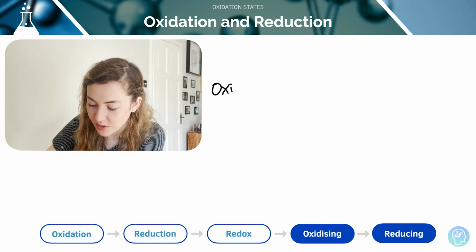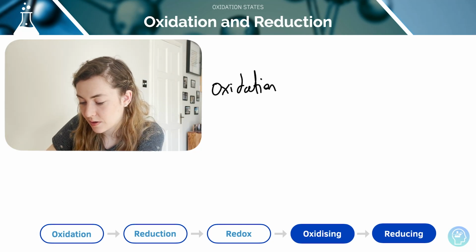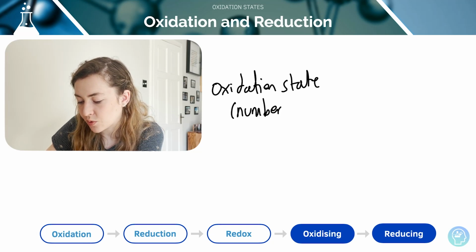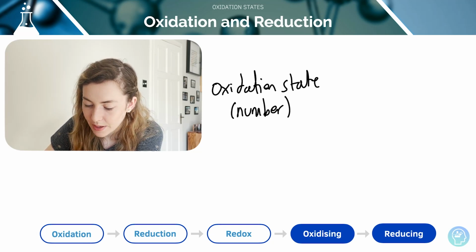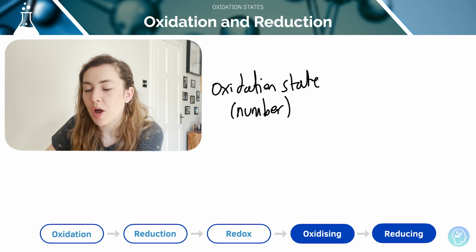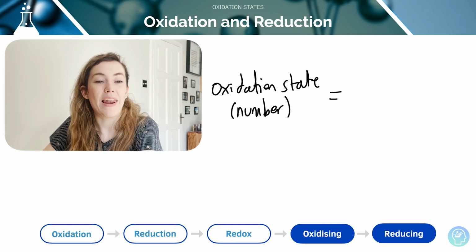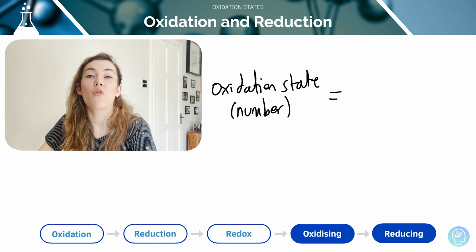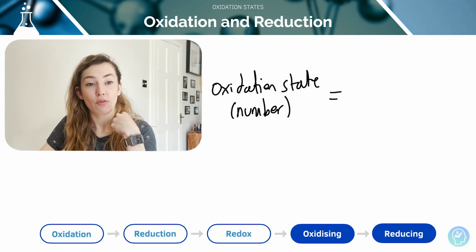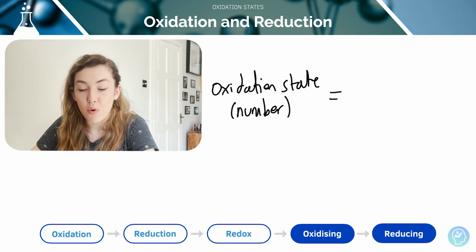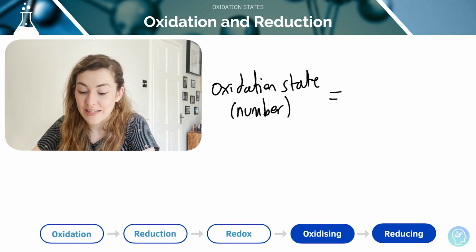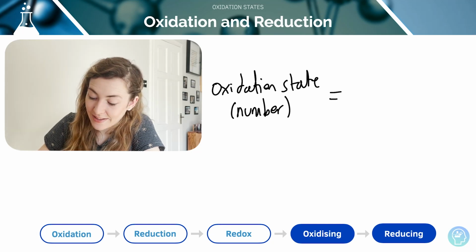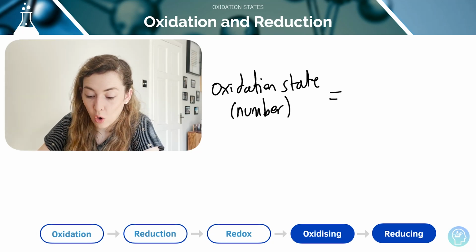And if we're working out the oxidation state, or number, that's what we mean, oxidation number, it's the total number of electrons that that element has either gained or lost. So that they've either gained by accepting from another element or removed from another element. And if they've gained, if they've accepted electrons, then they're going to get a negative oxidation number.